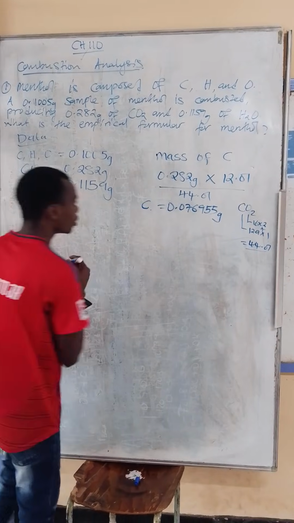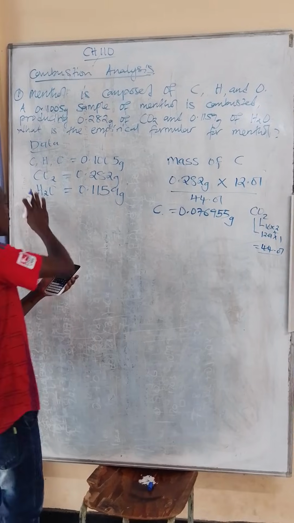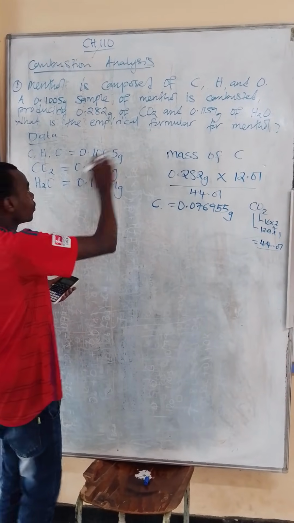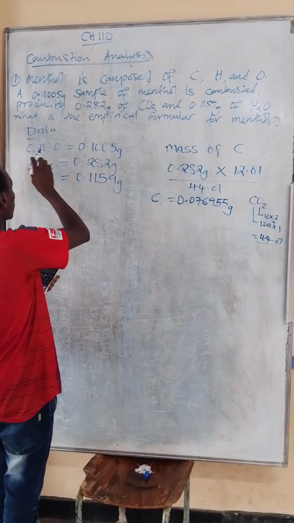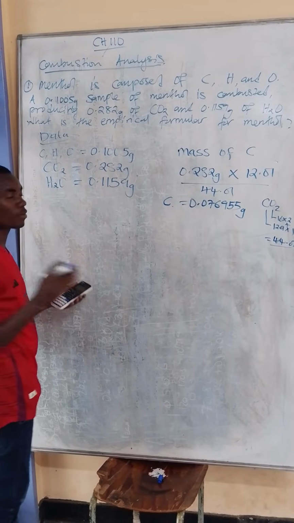Now let's look for the mass for hydrogen. We are dealing with carbon, hydrogen and oxygen. We're going to find the mass for hydrogen in water.